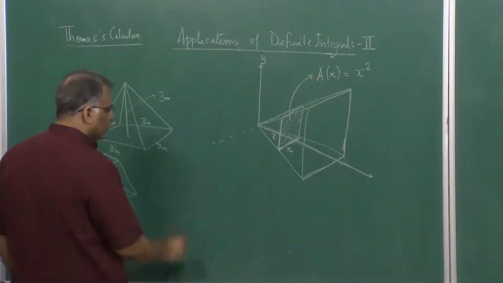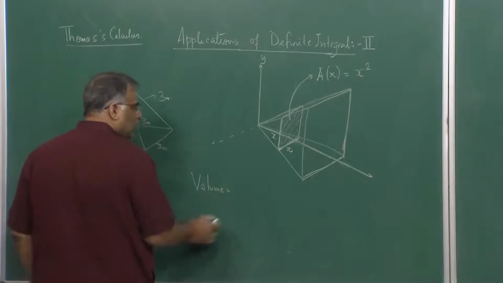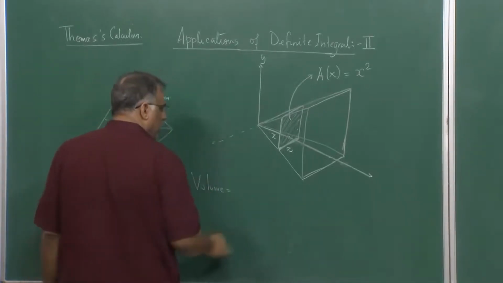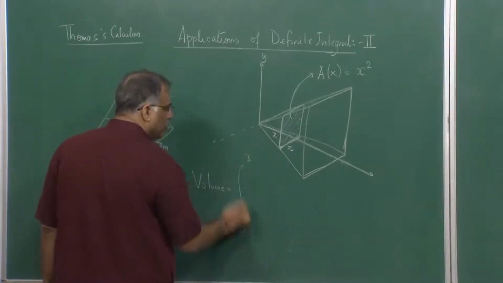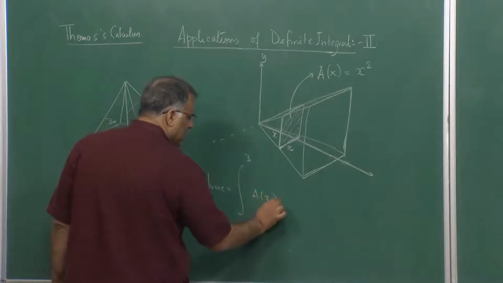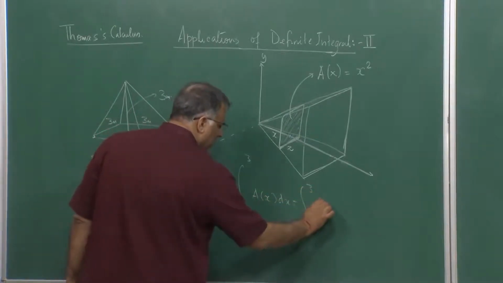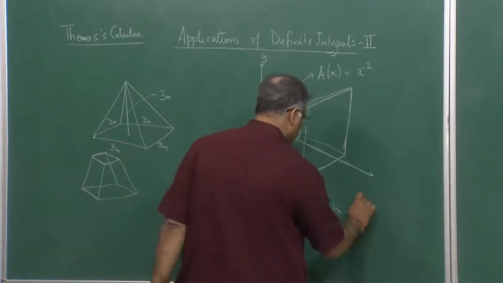So, the volume is nothing but, I am summing up all the areas, which will actually contribute to the volume. So, here we do it in a continuous fashion. So, we integrate from 0 to 3 A of x dx, which is integrating 0 to 3 x square dx, and you can write the answer obviously.